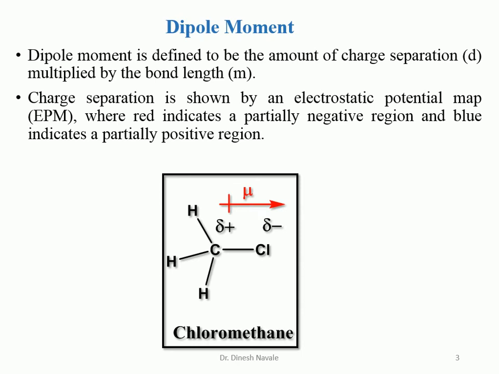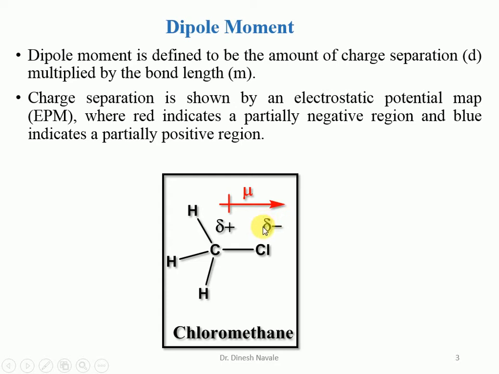So this is the molecule. We have not shown it by the red color or any arrow. This is chloromethane, in which carbon is bonded with 3 hydrogen atoms and 1 chlorine. Because of the greater electronegativity of chlorine with respect to carbon and hydrogen, chlorine will withdraw electron density towards itself, becoming slightly partial negative.